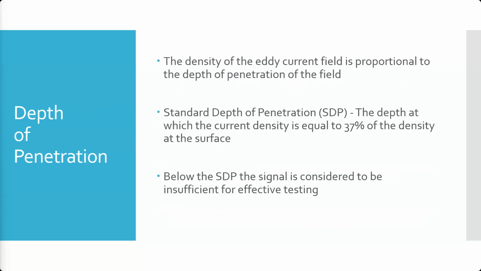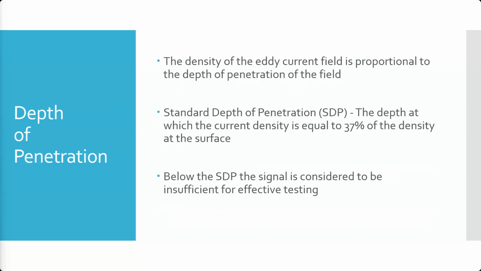If you have really strong eddy currents at the surface, you get skin effect, and you're not going to be able to inspect very deep into the material. If you have a less dense layer of eddy currents at the surface, you're going to get a greater depth of penetration to see flaws further down.